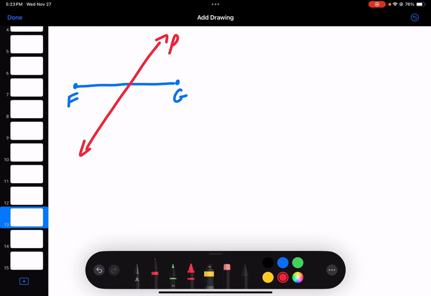And we'll put some tick marks, right? So we can say here that line L bisects, right, the segment FG, right?